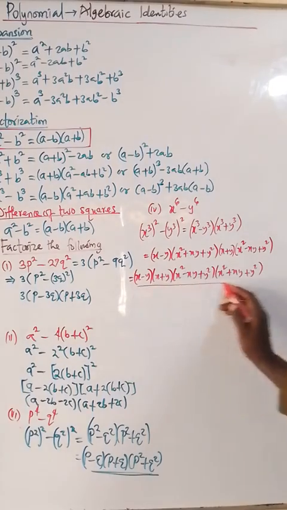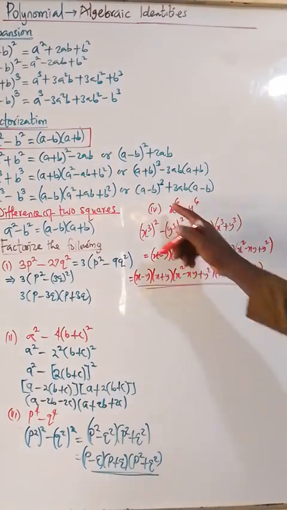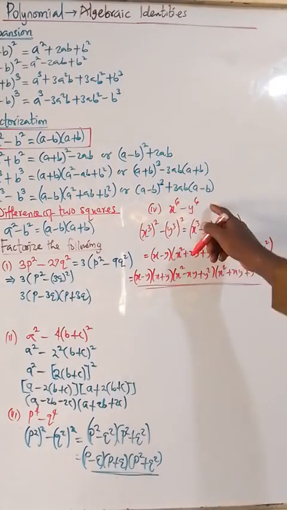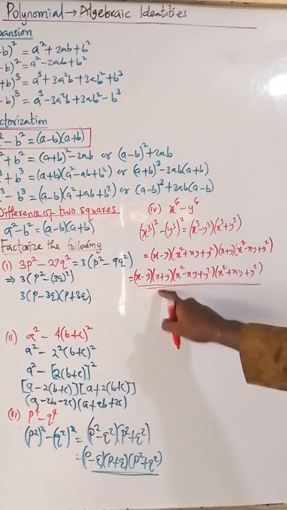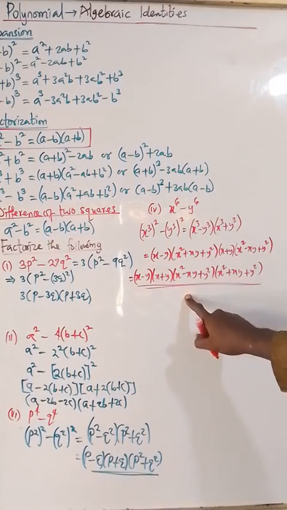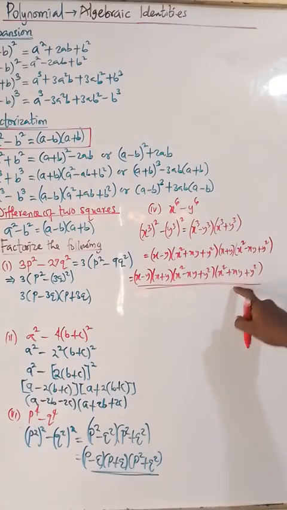So we are done factorizing. It means x raised to power 6 minus y raised to power 6 has 4 factors. x minus y can divide it, x plus y can divide it, x squared minus xy plus y squared can divide it, and likewise this one can also divide it. So these are called factorization. We can go on and on.